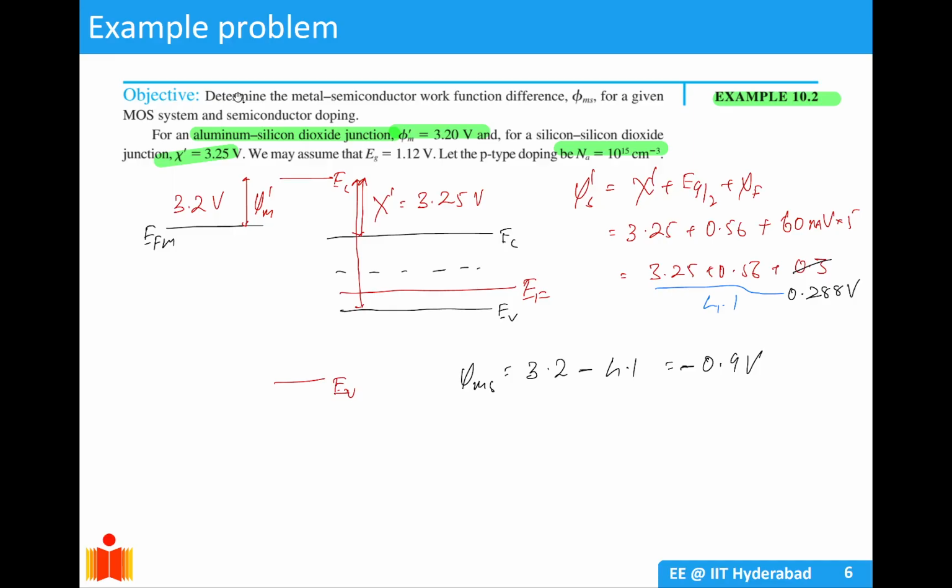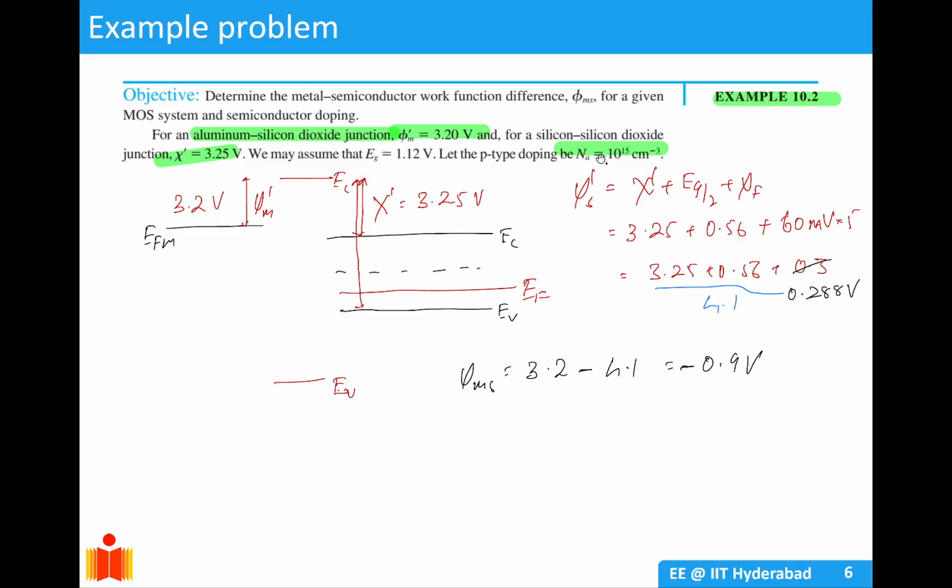Example problem: determine the metal semiconductor work function difference phi ms for a given MOS system and semiconductor doping. For an aluminum silicon dioxide junction, phi dash m equals 3.2 volts, and for a silicon silicon dioxide junction, chi dash equals 3.25 volts. We may assume that Eg equals 1.12 volts.